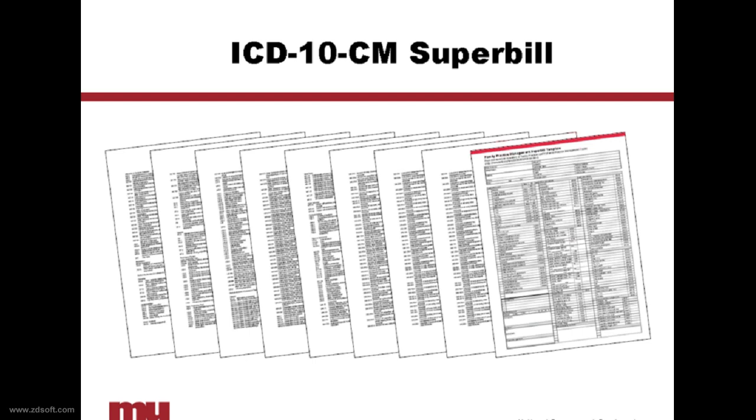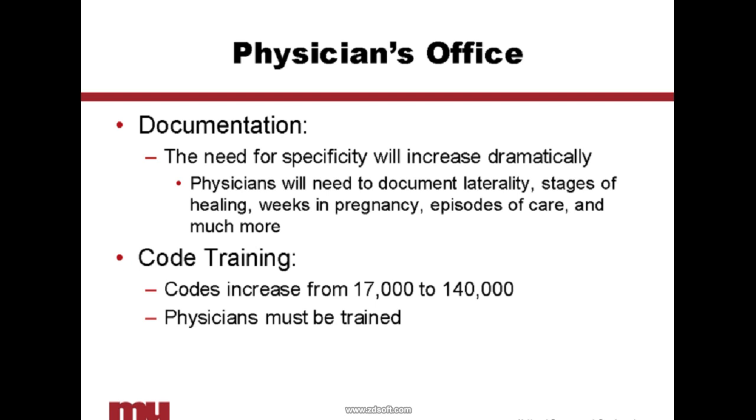It is important to always look up the code in the ICD-10 book for the most detailed code that can be linked back to the documentation in the medical record. Now, since ICD-10 has greater specificity, documentation will need to be more specific, as Arlene mentioned earlier: the laterality, the stages of healing, the specific body part, like say upper arm instead of just arm.